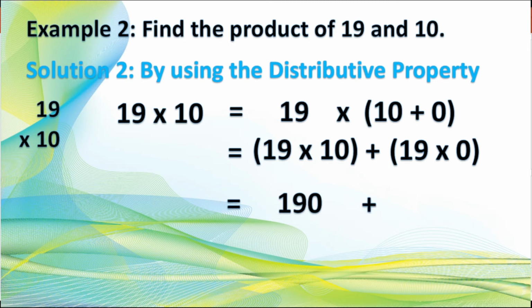Plus 19 times 0 is equal to 0. 190 plus 0 is equal to 190. So therefore, 19 times 10 is equal to 190.